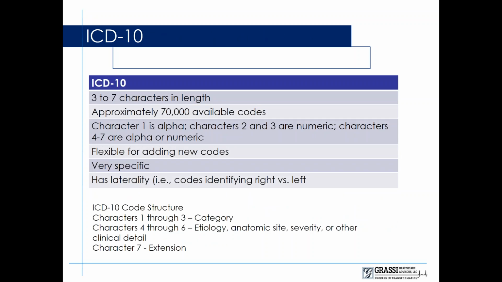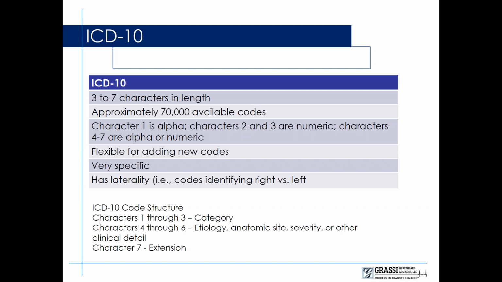Thank you. Just to give you a little structure of how the ICD codes are composed: back under ICD-9, there were 5 digits. Now the codes have 3 to 7 characters in length. Again, there are approximately 70,000 codes available to choose from. We're going to talk about the importance of the level of specificity.